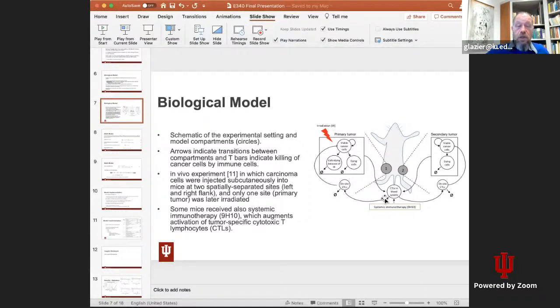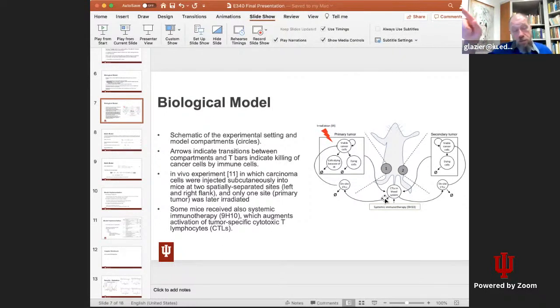And so you could show the time series. What I might think about doing would be first show the time series if you don't do any radiation or immunotherapy. Both tumors grow to their carrying capacity, and that's your reference. Now if I irradiate the first tumor and there's no immune response, the first tumor shrinks. Maybe it comes back later, maybe it doesn't.